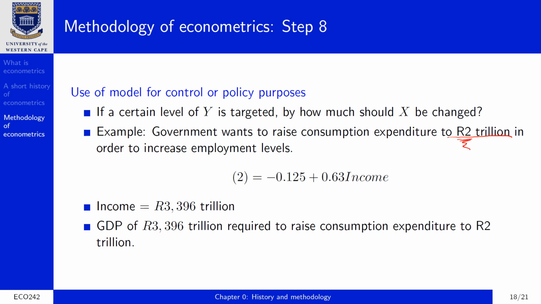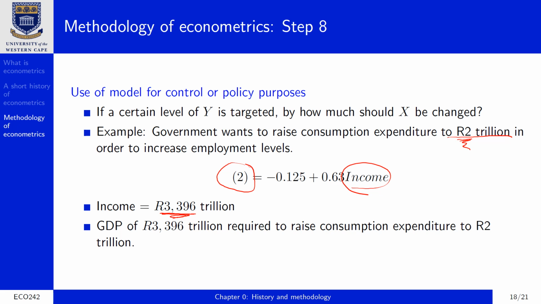In this case, you plug the value 2 into the left side of the equation and then solve for income. Once you've done that, you should obtain a value of 3.3. So you would need 3.3 trillion in GDP to achieve 2 trillion rands in aggregate consumption.